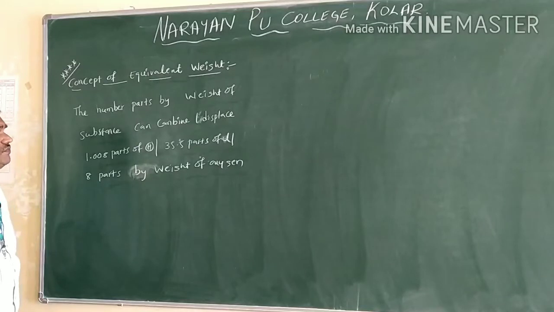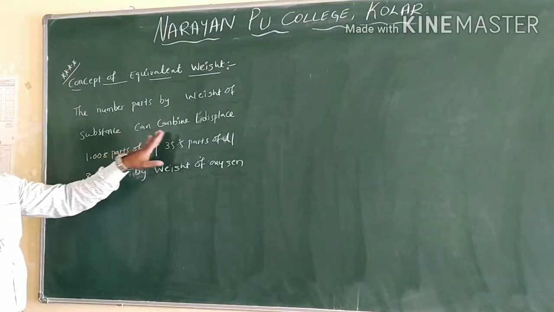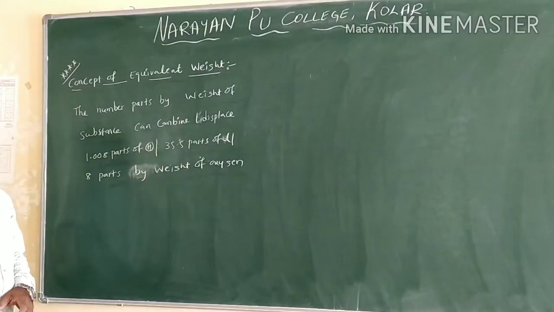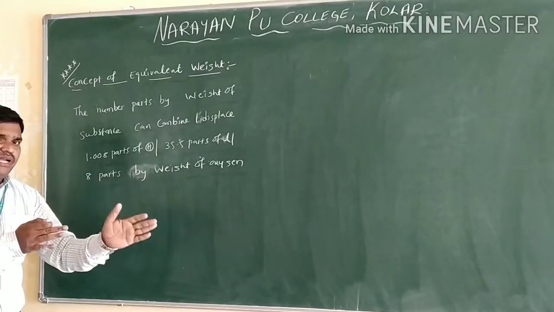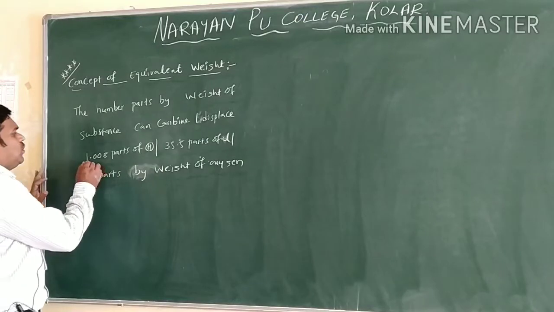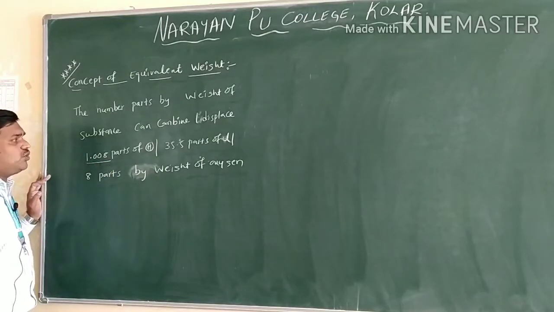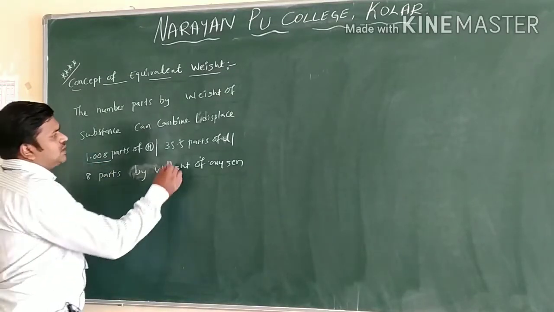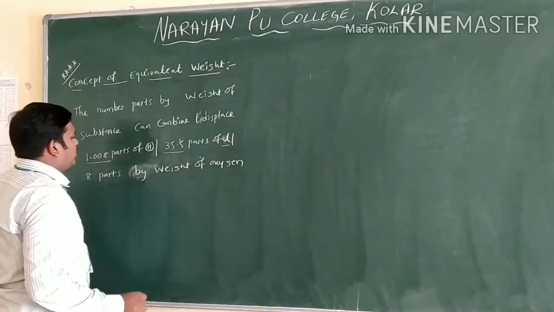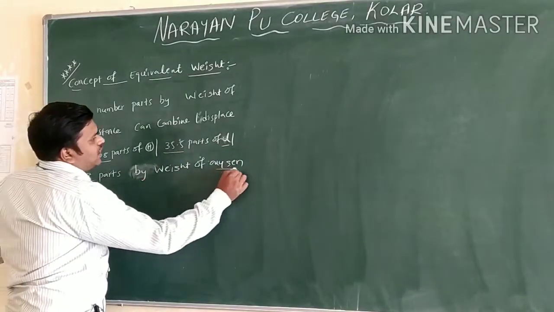Okay, what is the definition you can see here? The number of parts by weight of the substance that can combine with or displace 1.008 parts of hydrogen, 35.5 parts of chlorine and 8 parts of oxygen.